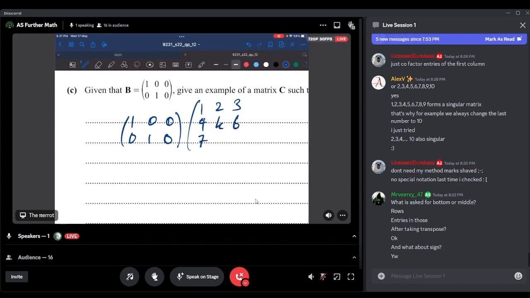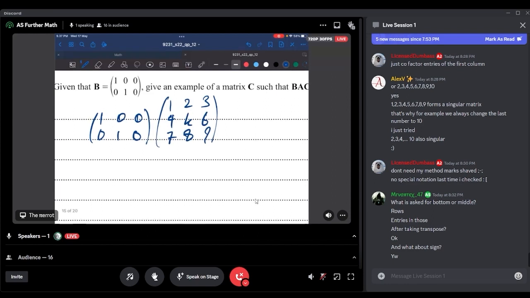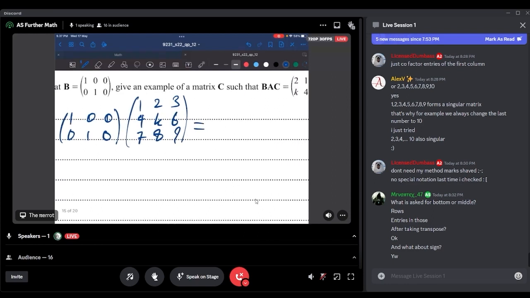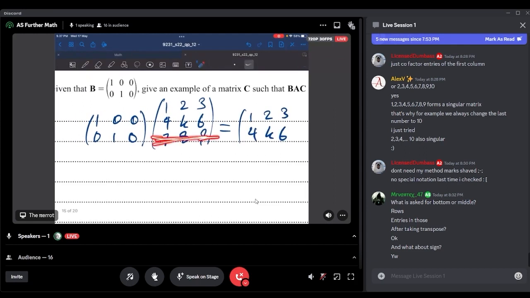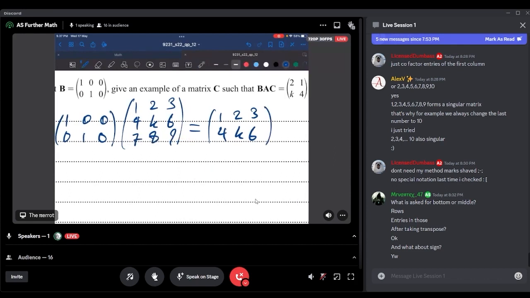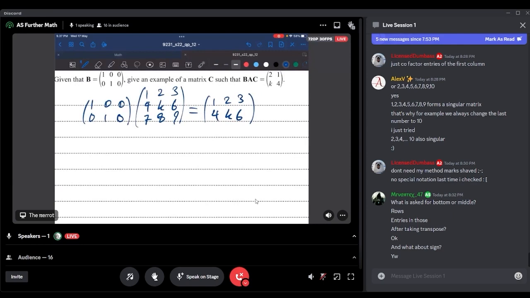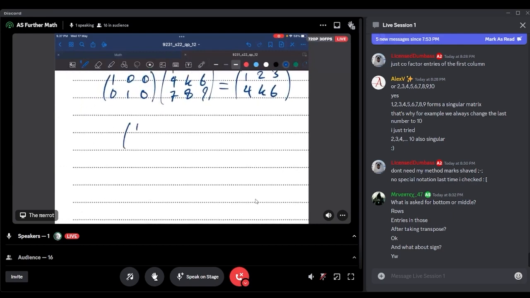If you multiply this matrix, you'll get 1, 2, 3, 4, K, 6. Basically, you're just deleting this row like that. And now you're going to find a matrix C such that when you multiply them together, it'll become 2, 1, K, 4.